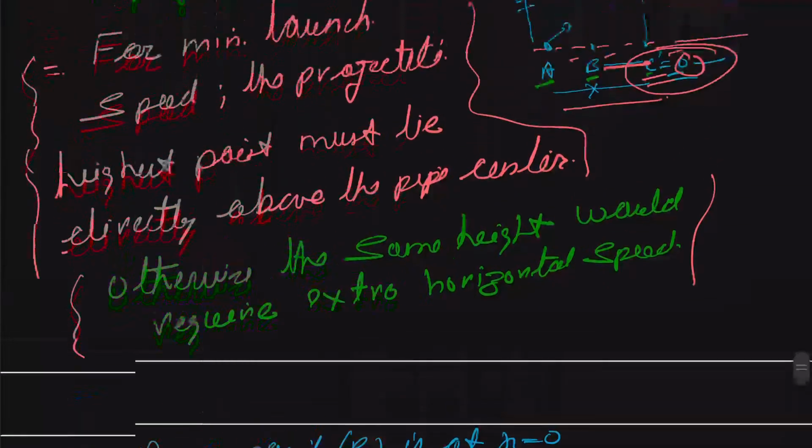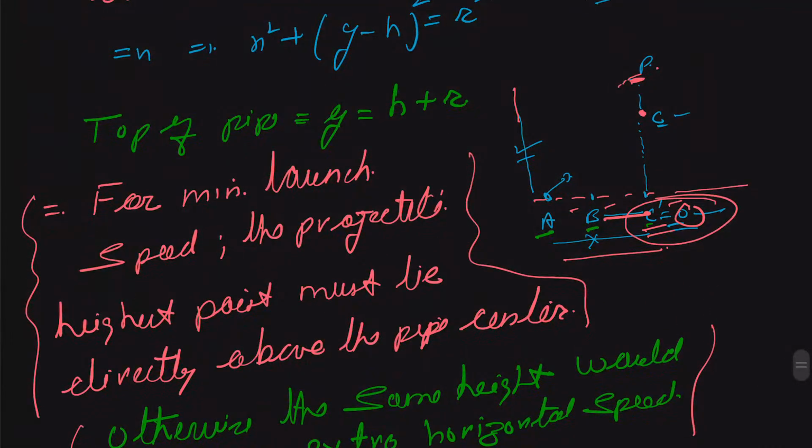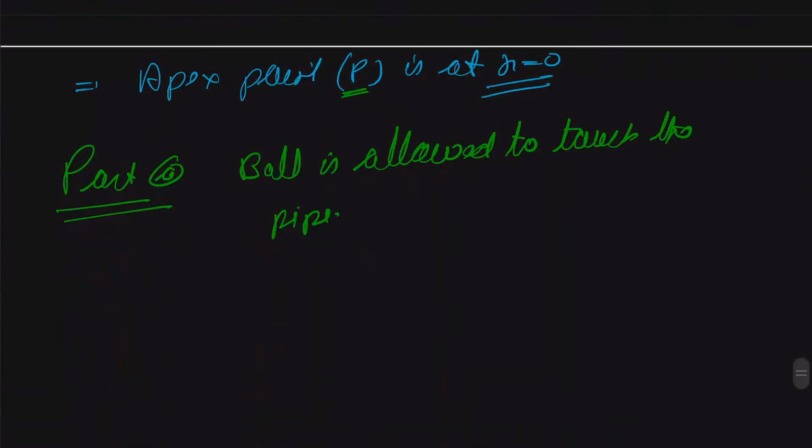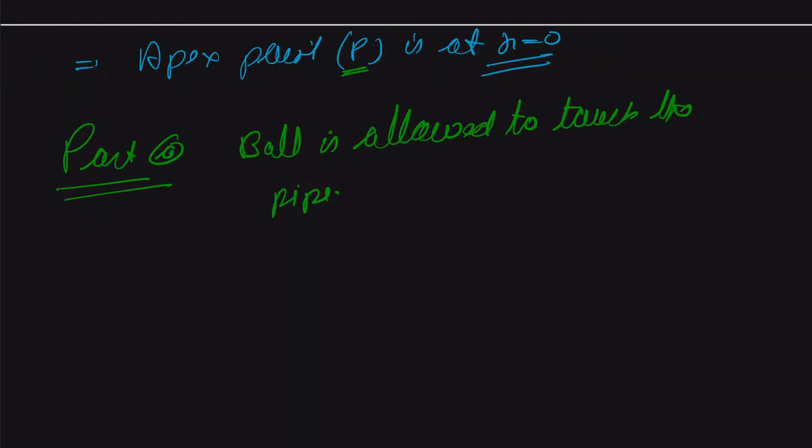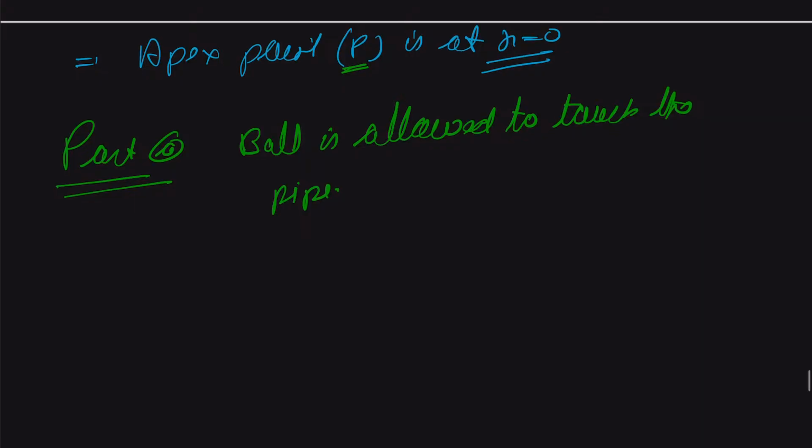So if we launch it vertically, this projectile or ball will be touching point P. If the ball wants to touch this point P, we have to launch directly below the center point.